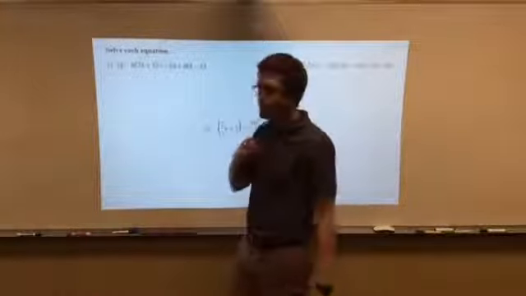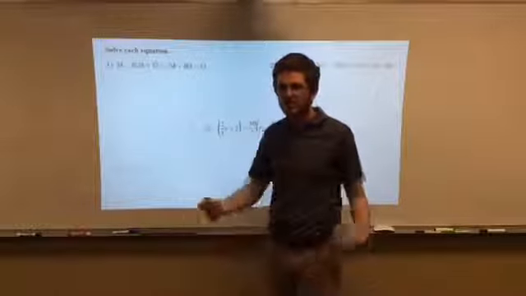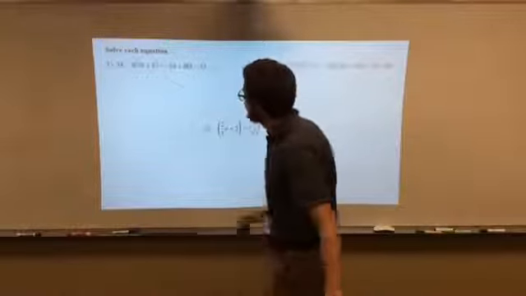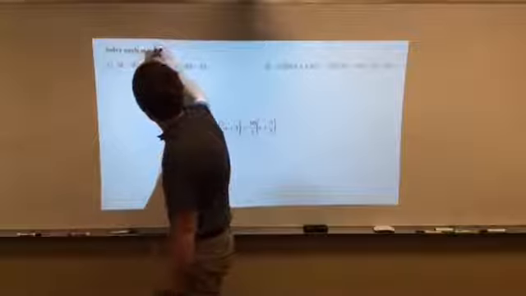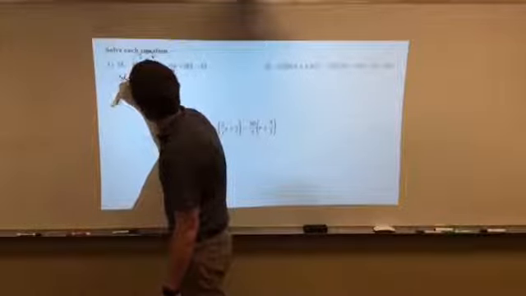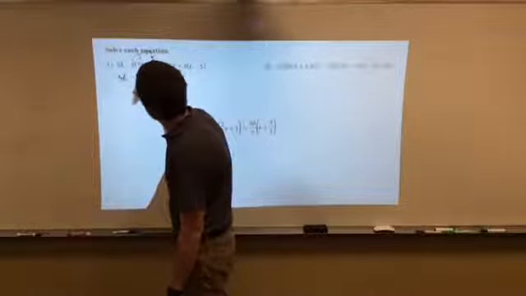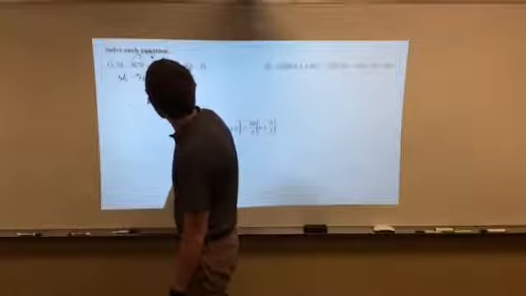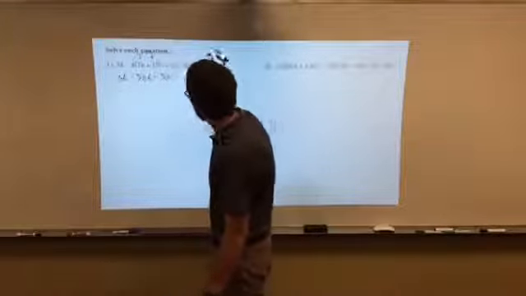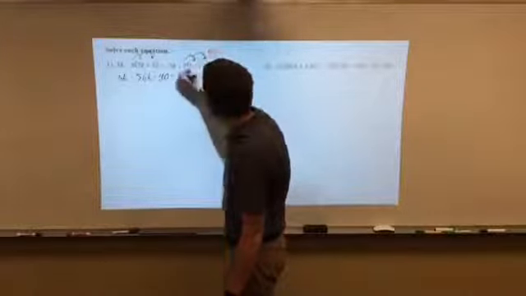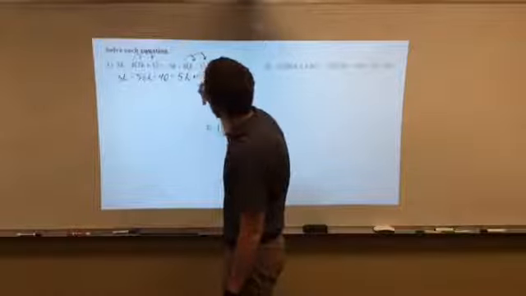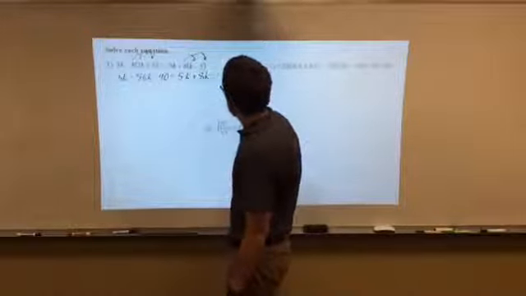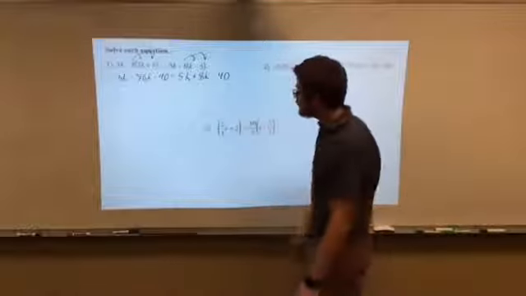This first one, we're solving equations. We want to simplify both sides, so that's what we need to do first. I've got a negative 56k minus 40. On this side, I'm distributing in the 8. I've got 5k plus 8k minus 40.